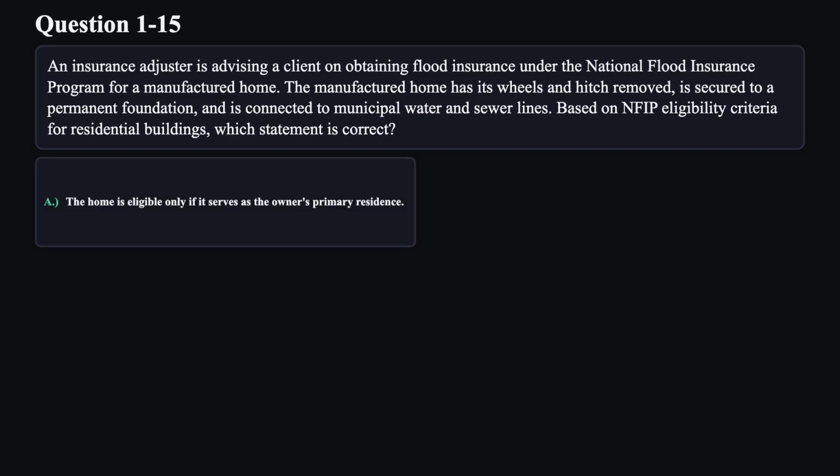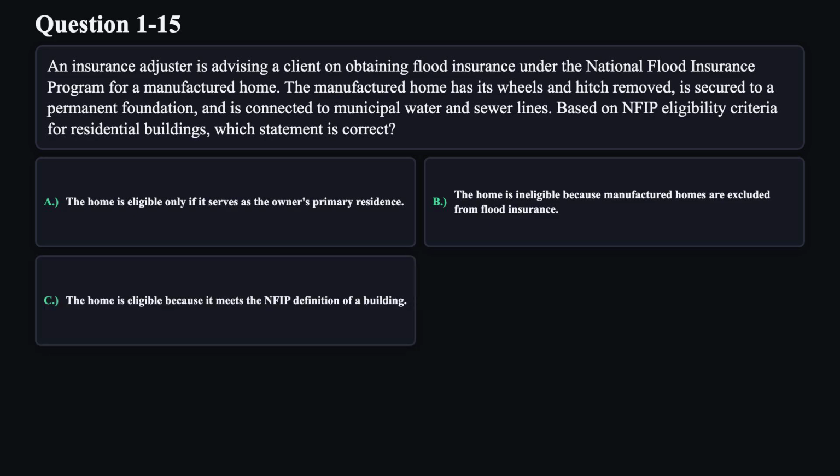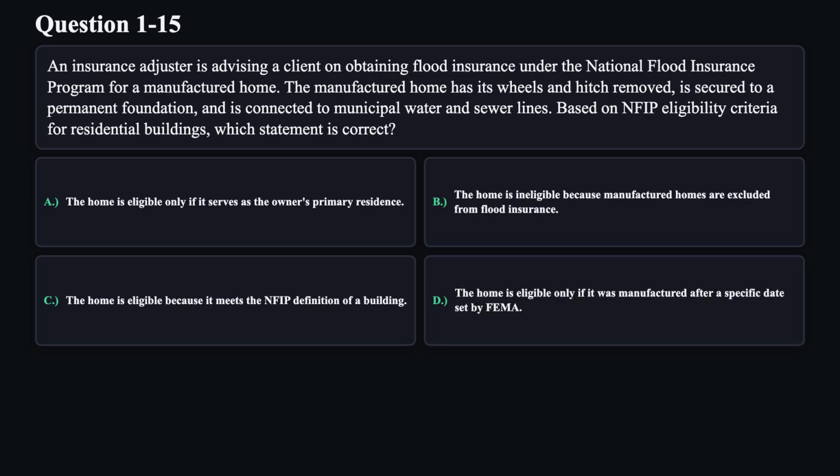A. The home is eligible only if it serves as the owner's primary residence. B. The home is ineligible because manufactured homes are excluded from flood insurance. C. The home is eligible because it meets the NFIP definition of a building. D. The home is eligible only if it was manufactured after a specific date set by FEMA.